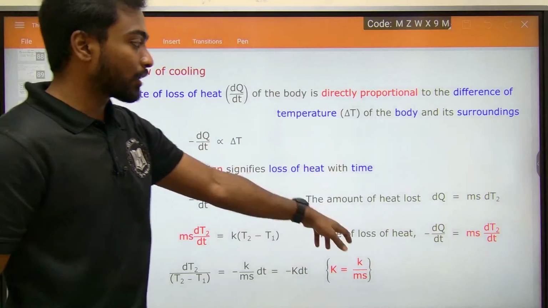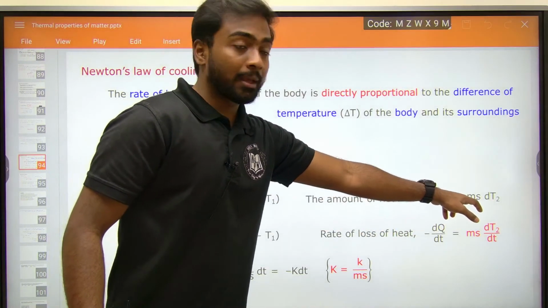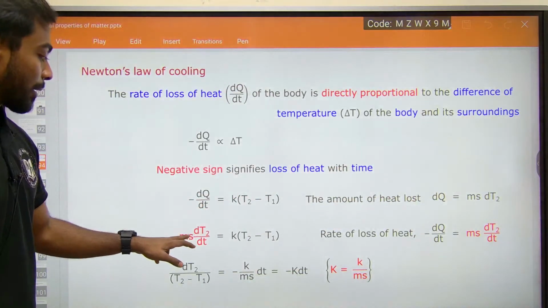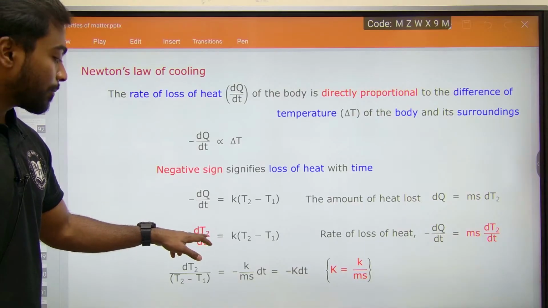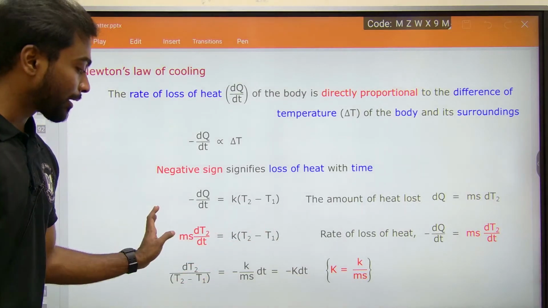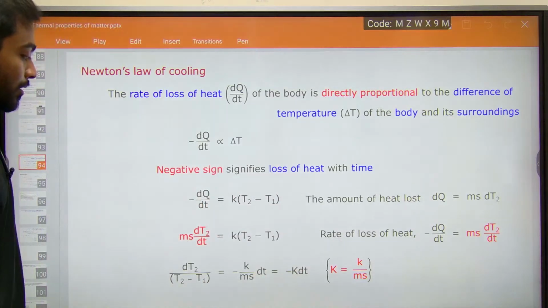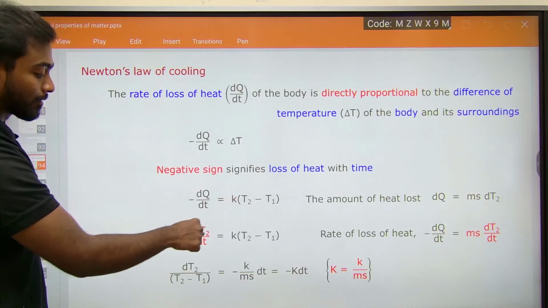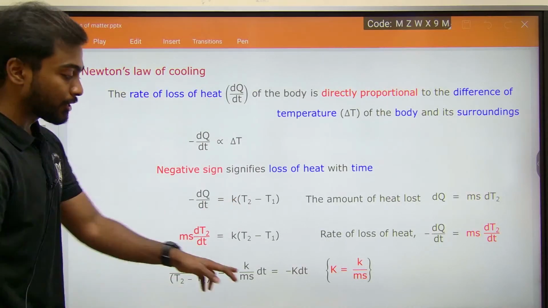The amount of heat lost, dQ, is ms delta T, so the same thing we write here: ms dT/dt. Take T terms on one side and the remaining terms on the other side. So dT/(T2 - T1) equals k divided by ms into dt.